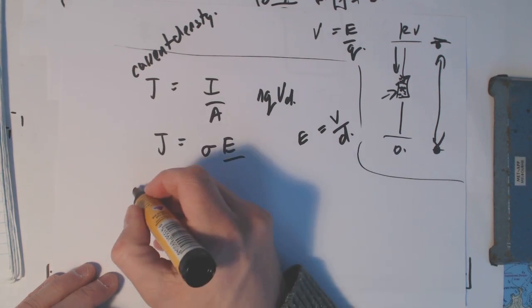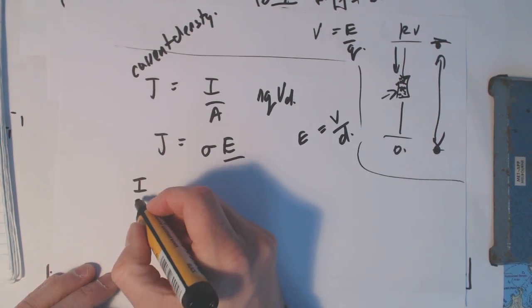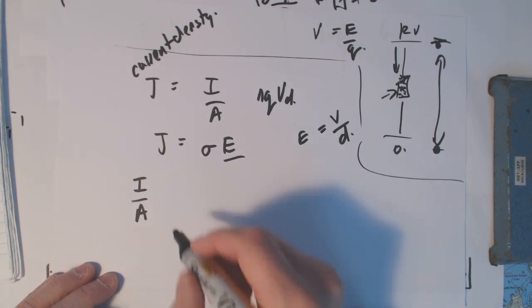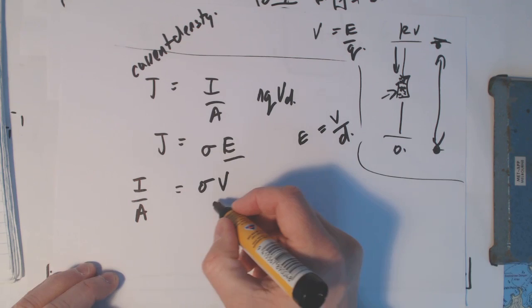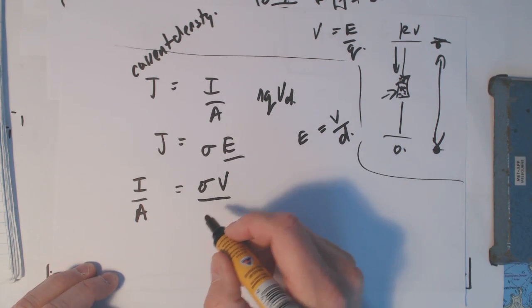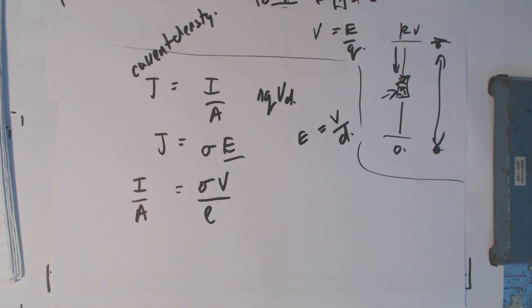So we can say current over A, current per area, is equal to sigma times volts per meter. I'll call it L if you like, just as a distance, a length. Now, I think we've got to move it along a little bit here. Oh no, it'll give me a little bit more. I can upload videos a little bit longer than 10 minutes, so I think we're cool.